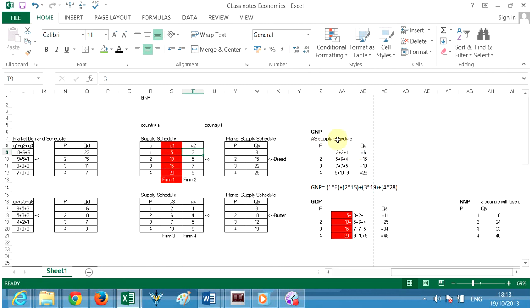So once we add those together, we get a gross national product that is smaller than the GDP because we have removed the production of this firm that happens to be within our country, but is made by a country from outside. Okay, so that's the difference between GDP and gross national product.